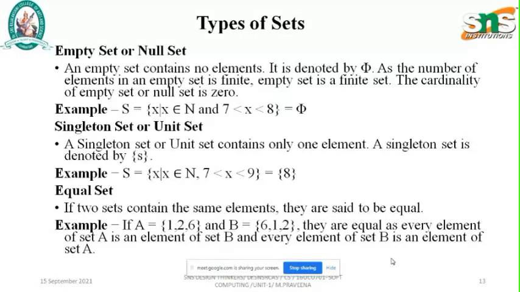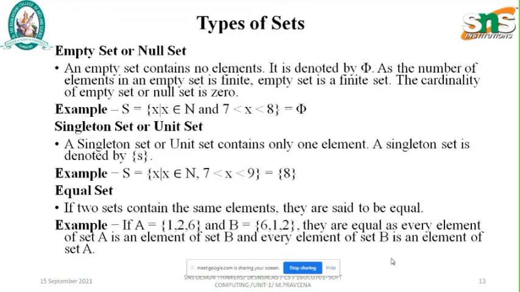For example, you see here x belongs to N, the number between 7 and 8. Is there any number between 7 and 8? No, so it is nothing. So it is represented by the null set. Next one is the singleton set or unit set. A singleton set or a unit set contains only one element. A singleton set is denoted by S within the bracket.